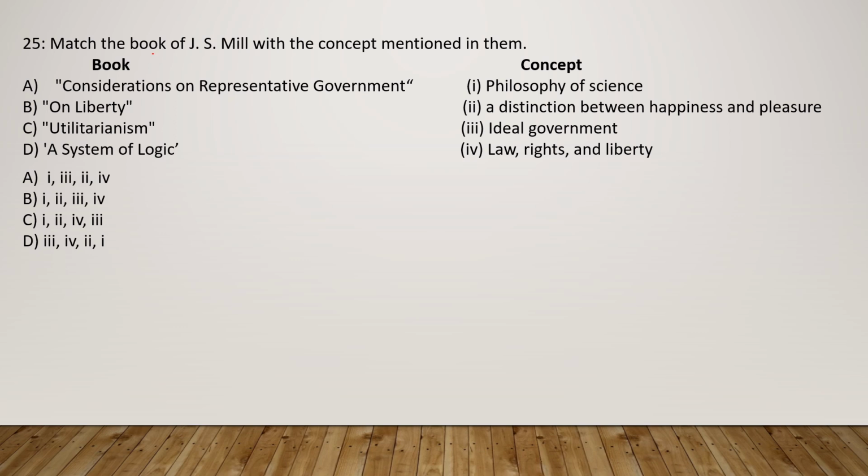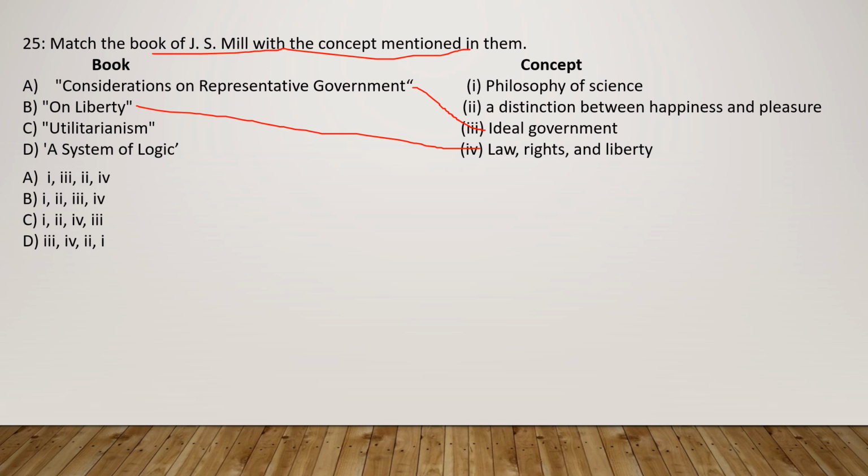Match the books of J.S. Mill with the concept mentioned in them. First, Considerations on Representative Government. This is related to ideal government. On Liberty. This book is one of the prominent books of J.S. Mill. It was written on the concept of law, rights and liberty.